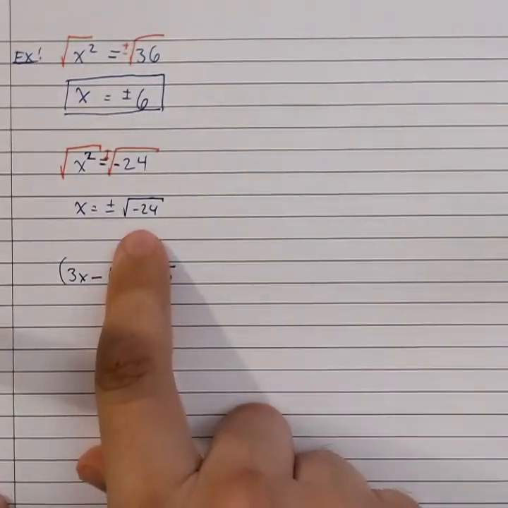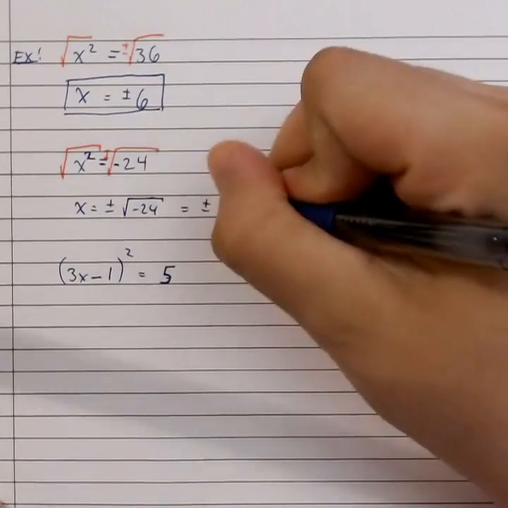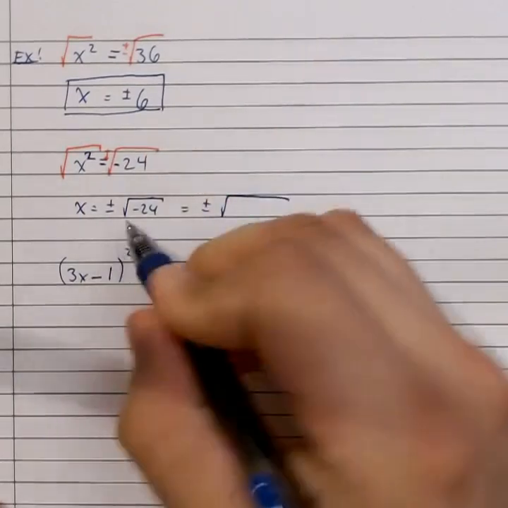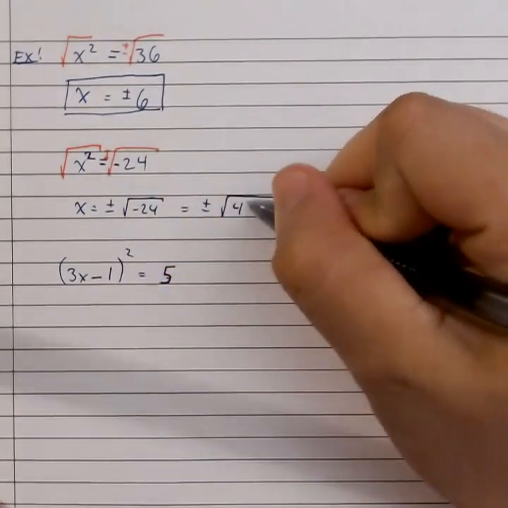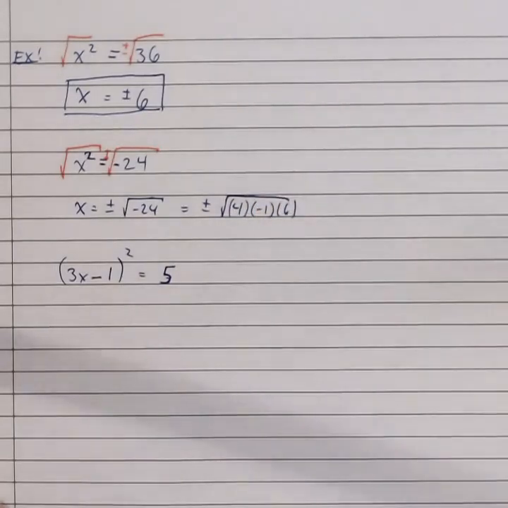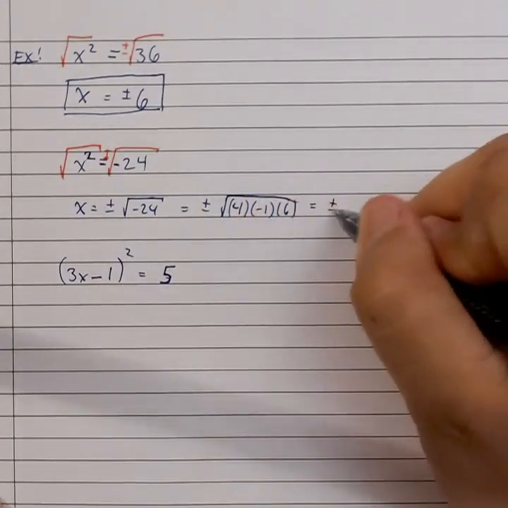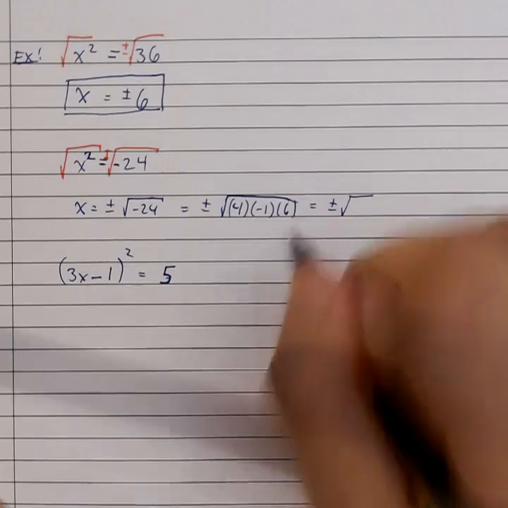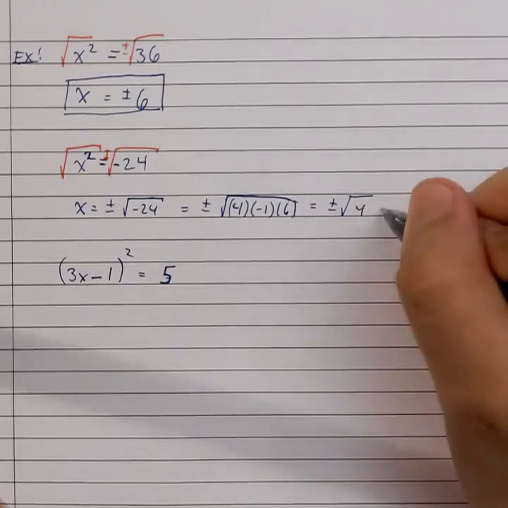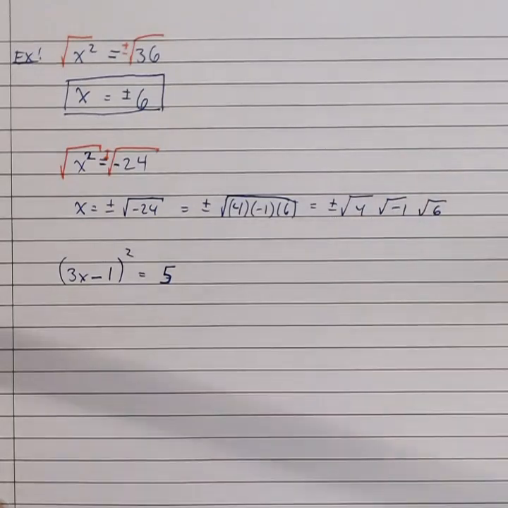But now I can go ahead and simplify that out quite a bit. Here that's going to be plus or minus the square root of, well, let's see, I can write this as 4 times negative 1 times 6. But of course, that means that I can write this as plus or minus the square root of each one of these on their own. The square root of 4, separately square root of negative 1, separately the square root of 6.